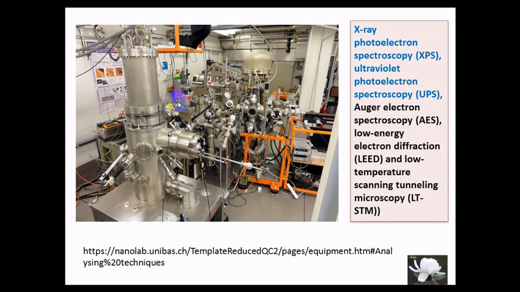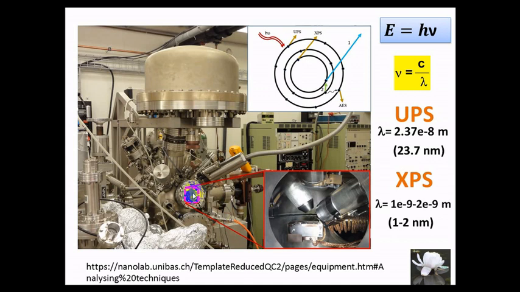With this, we can perform X-ray photoelectron spectroscopy (XPS) or ultraviolet photoelectron spectroscopy (UPS), etc. The sample is put in this place, and the light interacts with the sample at a specific wavelength with very high energy. For example, with a wavelength of 23.7 nanometers, the valence electrons are removed.